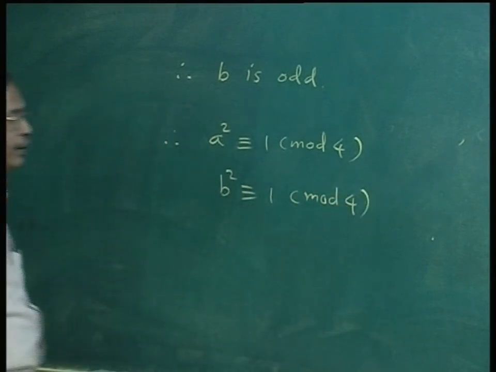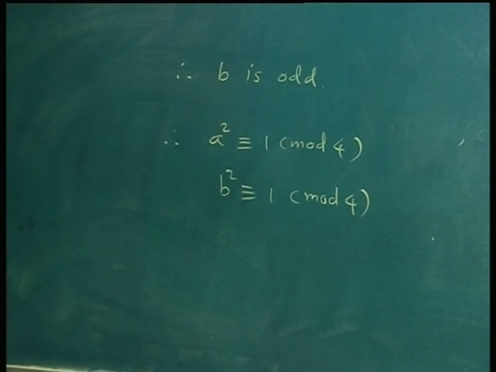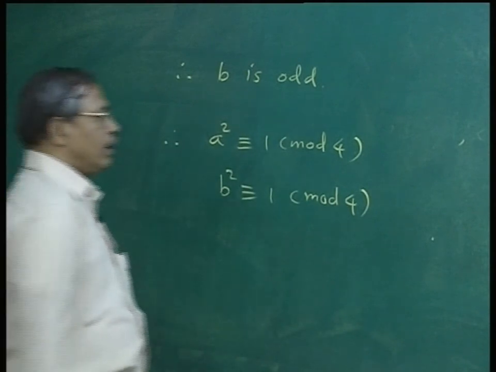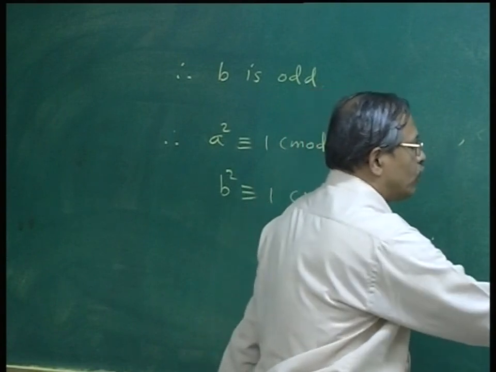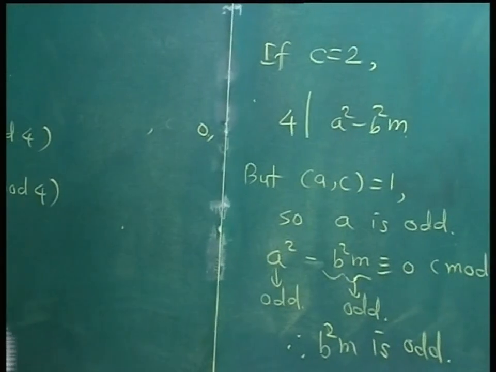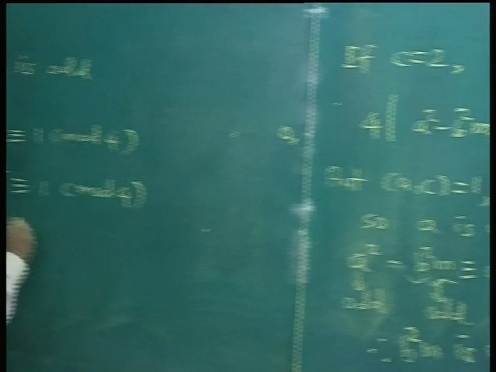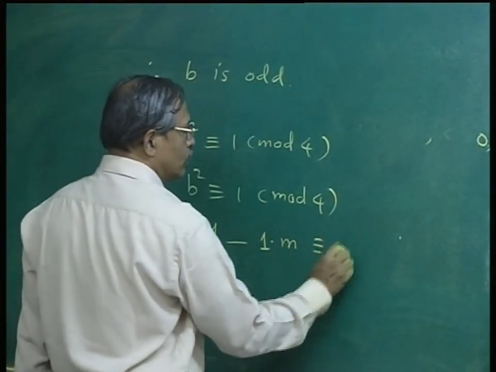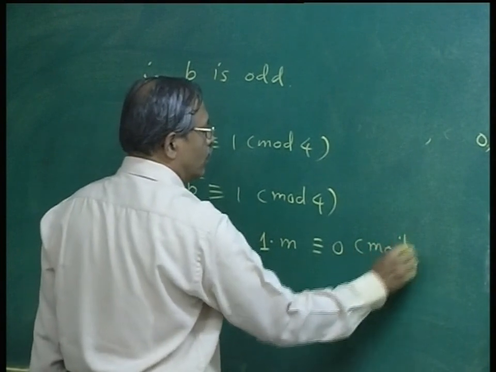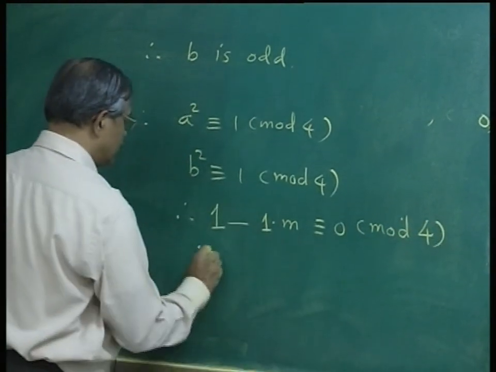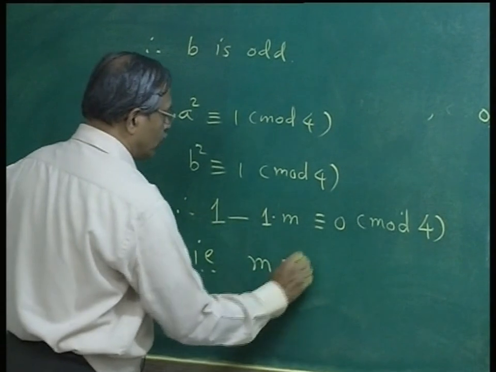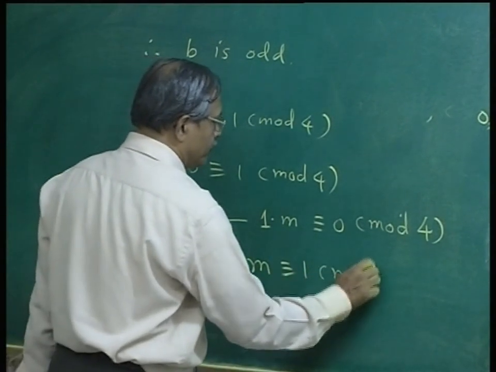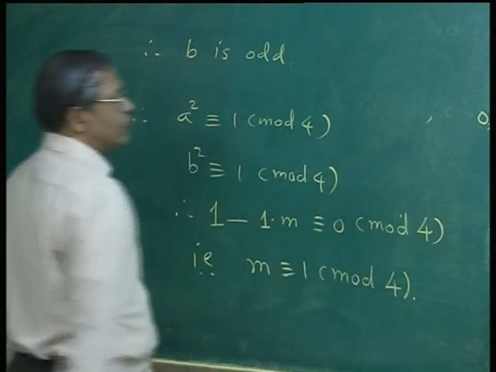The square of an odd integer is congruent to 1 mod 4. In this, 1 mod 4, 1 mod 4, so what is m? Therefore (1 minus 1) times m is congruent to 0 mod 4, that is m is congruent to 1 mod 4.